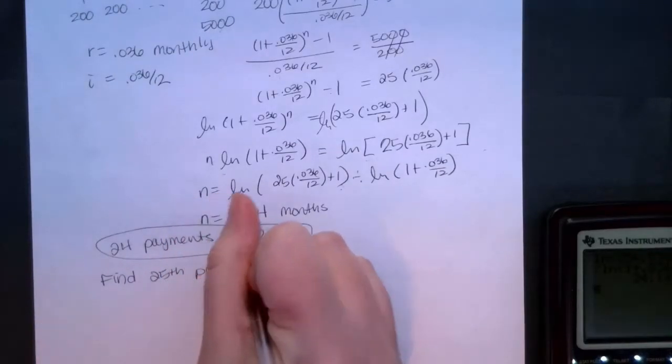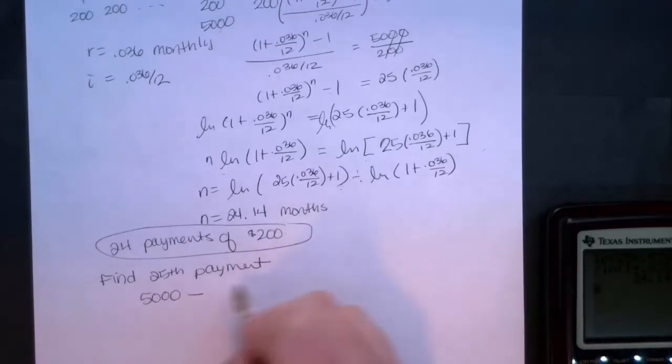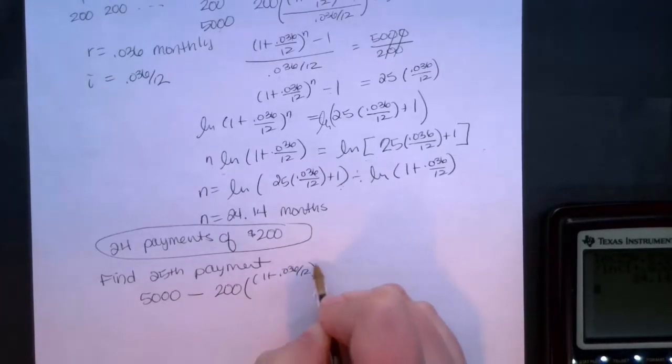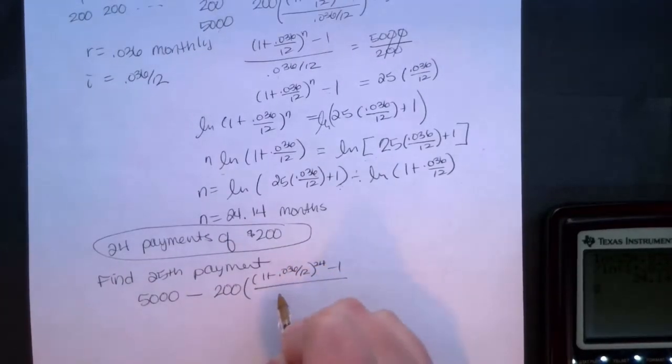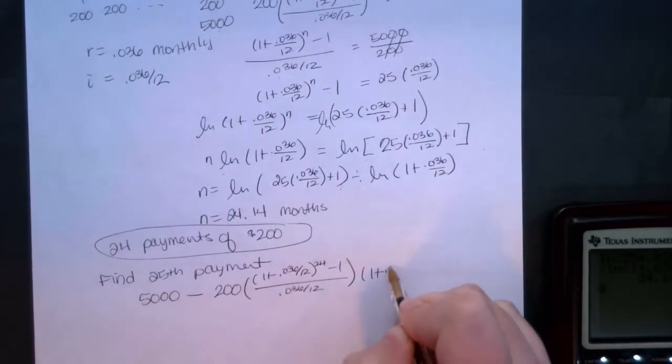Okay, and again, because this is S sub n, we're not going to have a number and then we move forward so many periods. We're just going to have the number because again we're accumulating. So we're going to have 5,000 minus 200 times 1 plus 0.036 over 12 to the 24 minus 1 over 0.036 over 12. Move forward 1 month.